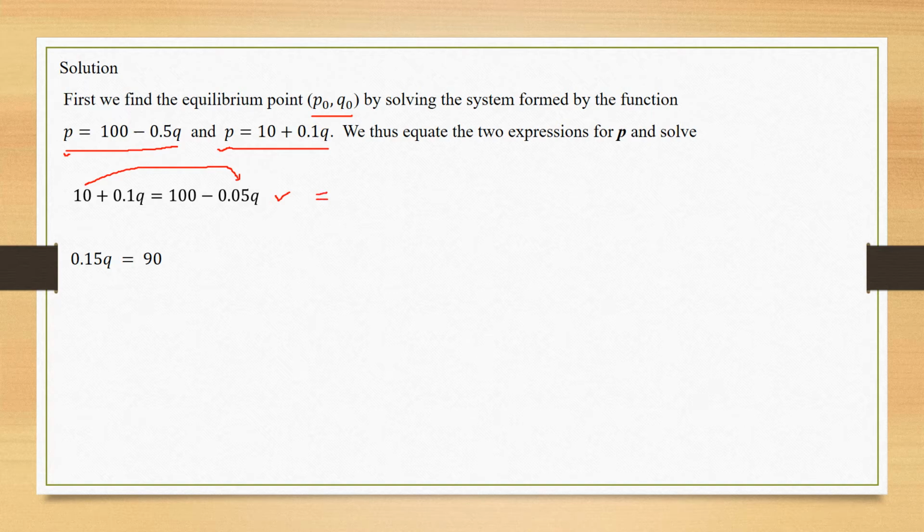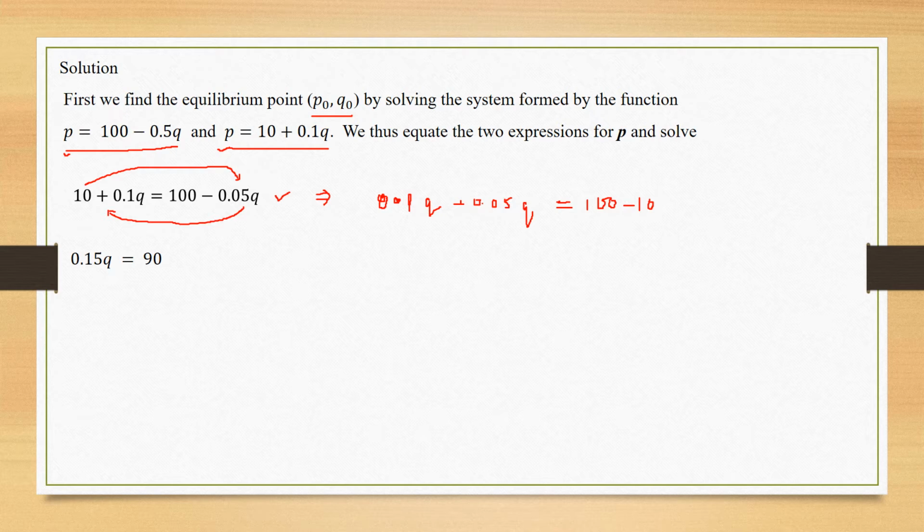The minus 0.05Q moves to the other side and becomes plus 0.05Q. So 0.1Q + 0.05Q = 100 - 10, and the answer becomes 0.15Q = 90.